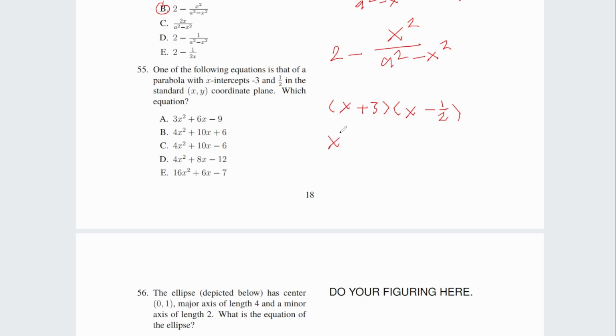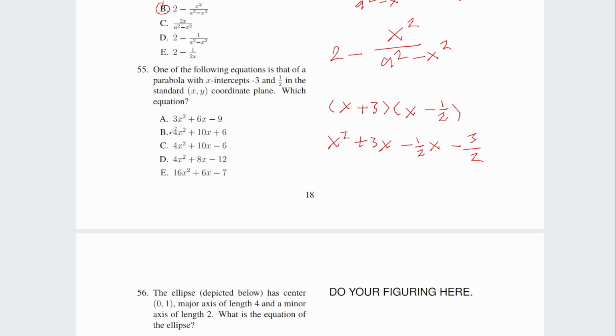So x squared, first, inner, plus 3x, plus the outer, minus 1/2 x, minus 3 over 2. We're going to find some multiple of this.